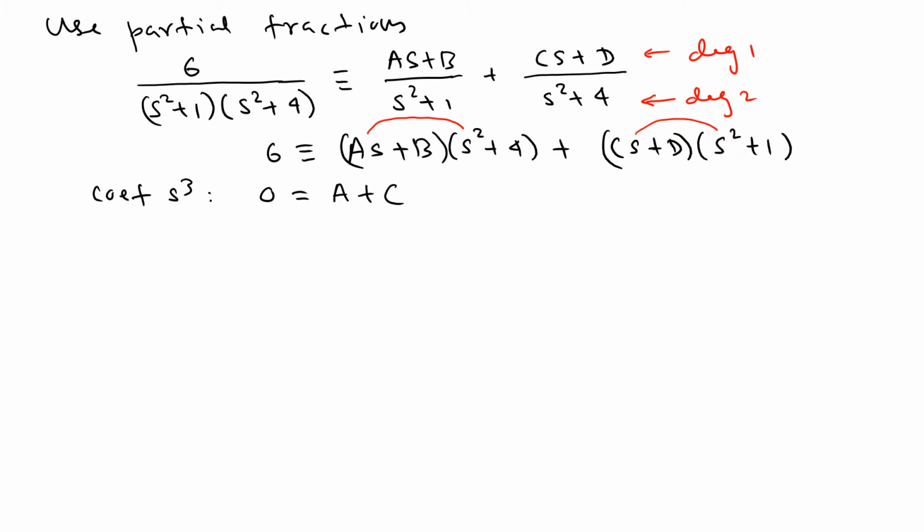Go to the next smaller one, the coefficient of s squared. No s squared term on the left side. How to get an s squared term there? You can see when you multiply these two, you get a squared term. When you multiply those two, you get a squared term, and those are the only two. So that means you're going to get b plus d. Those are the coefficients of the squared term.